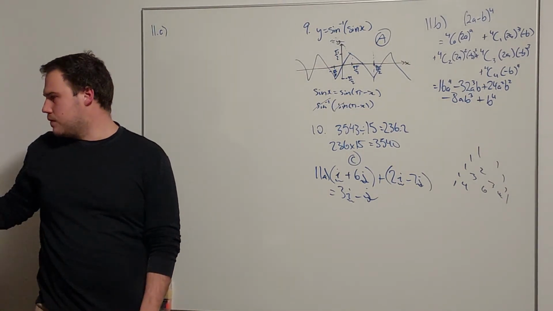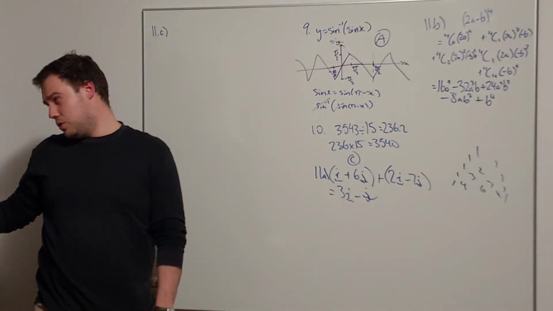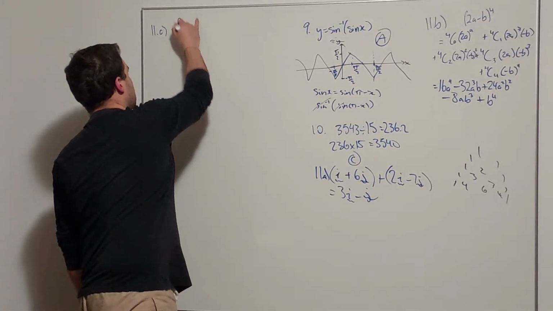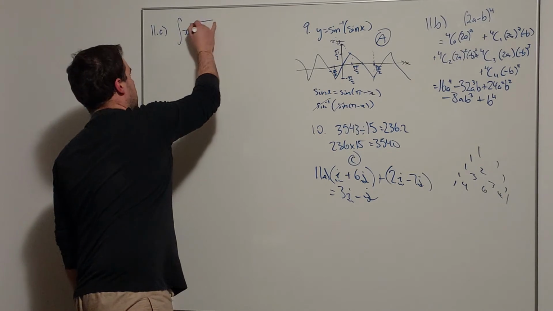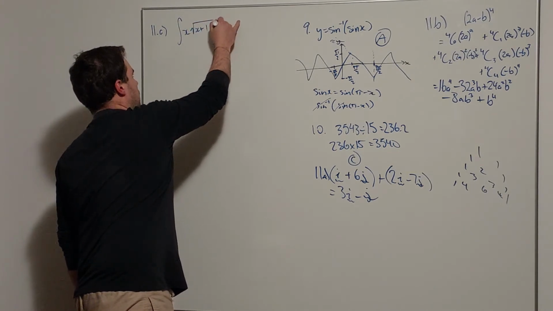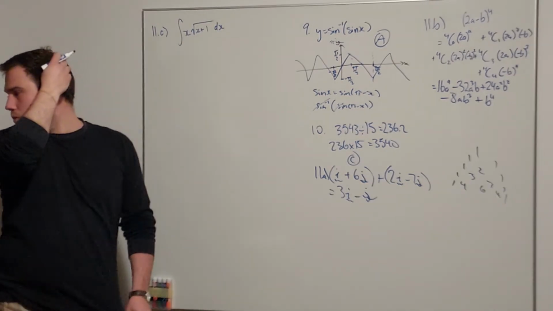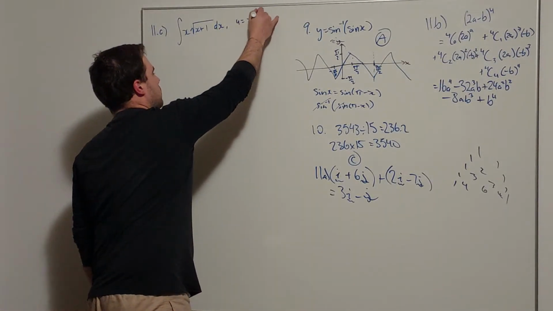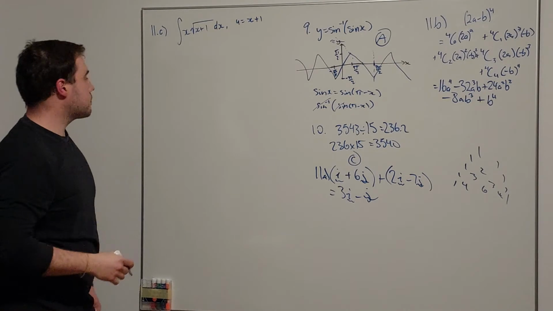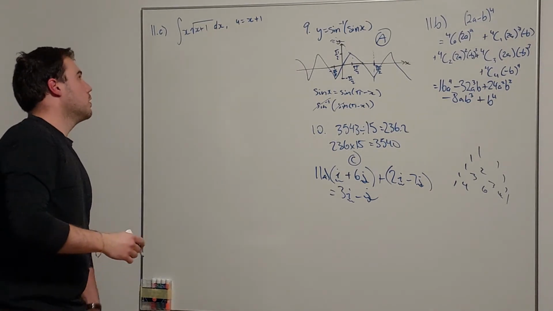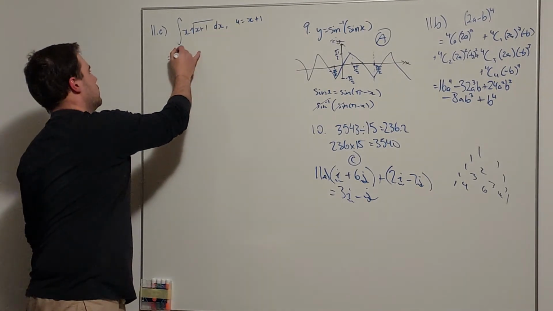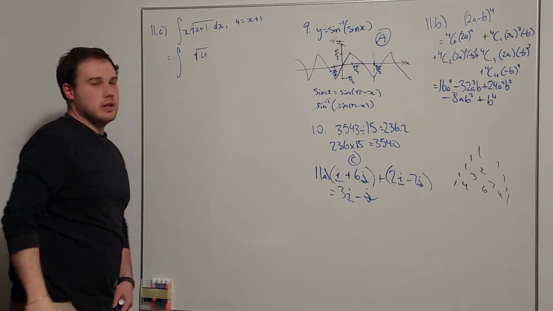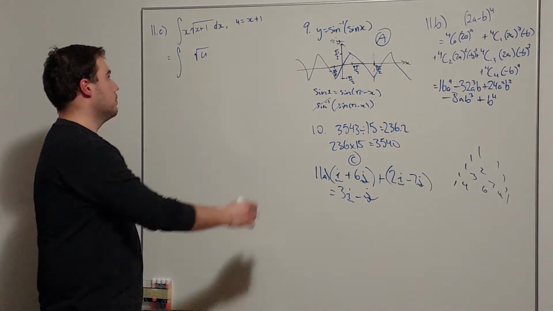Okay, 11c, we've got use the substitution u equals x plus 1 to find this integral, so I'll write that down. And we are using u equals x plus 1. Alright, so obviously that means we're going to replace the square root in there with u.